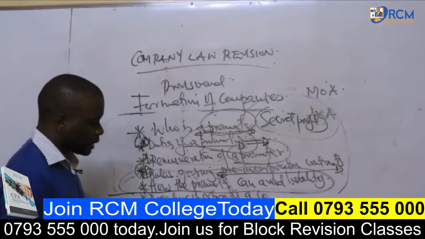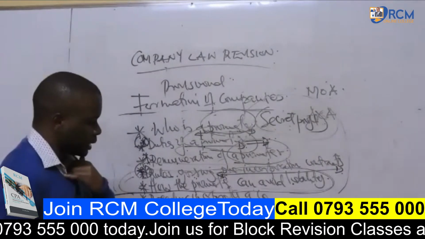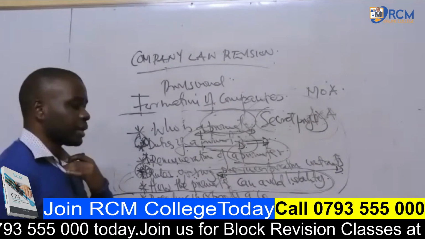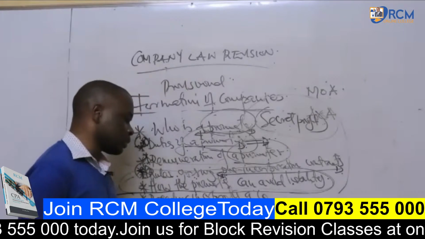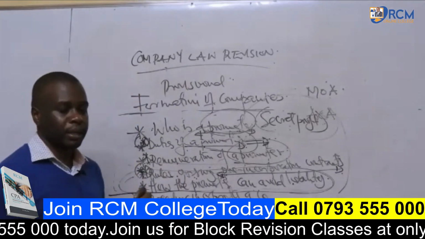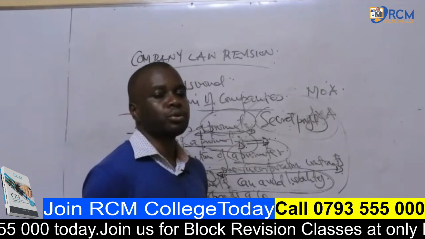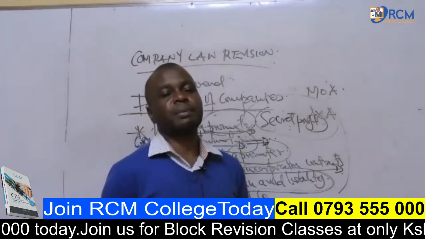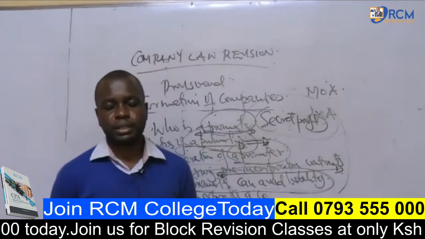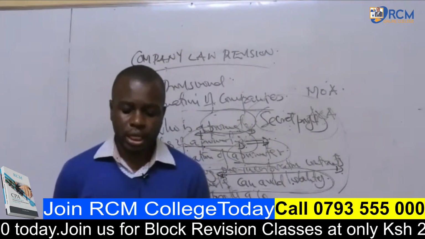If you remember well, when you talk about the memorandum and articles, we say that these documents were reevaluated by the Companies Act of 2015. As I've told you, it is not mandatory to prepare your own articles. You can use the model articles under the Companies Act. Alternatively, you can prepare your own, in the format you've just gone through.